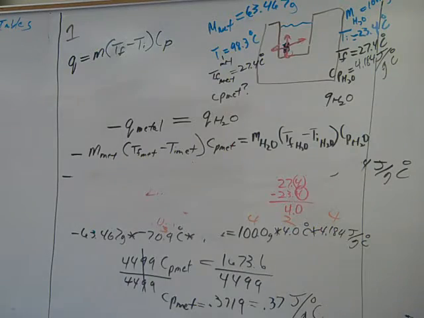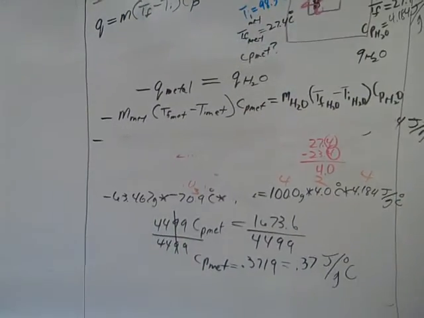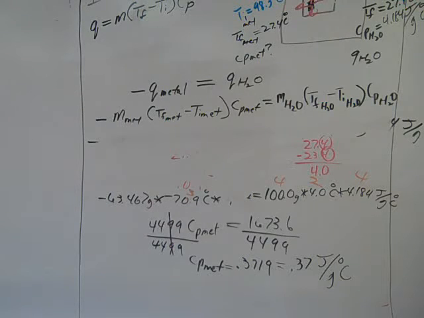So aluminum, lead, tungsten, brass, gold, zinc, copper, tin, bronze. Based on this data up here, 0.37 is pretty darn close to the specific heat of brass and copper. So go ahead and do trial 2 and average them together.